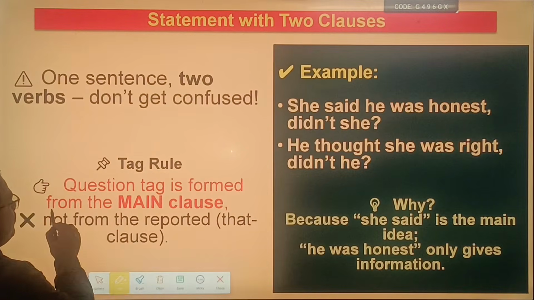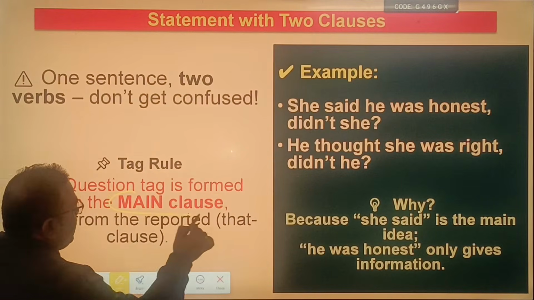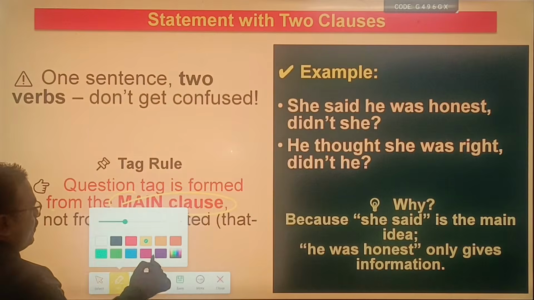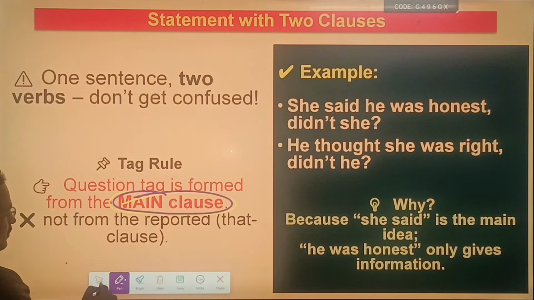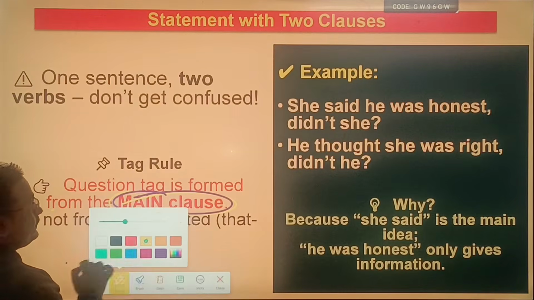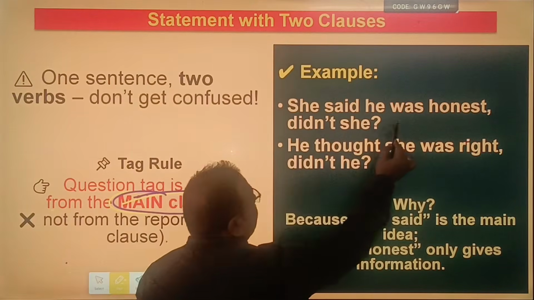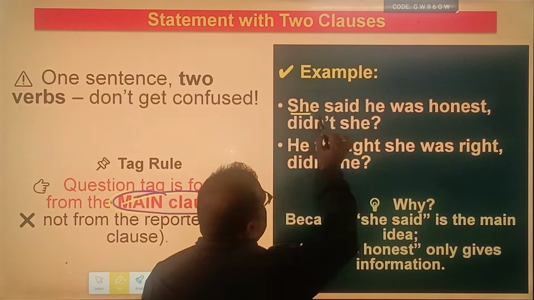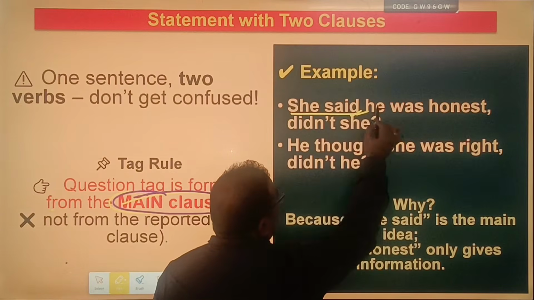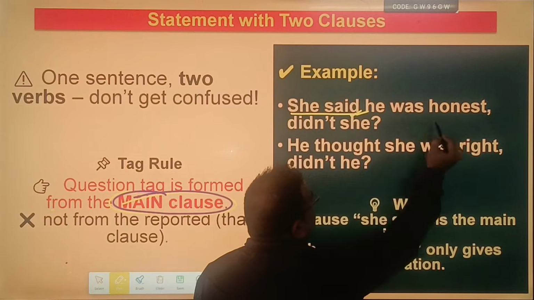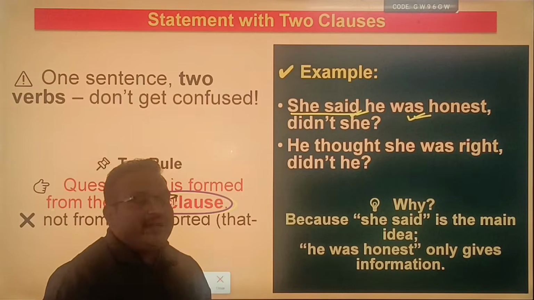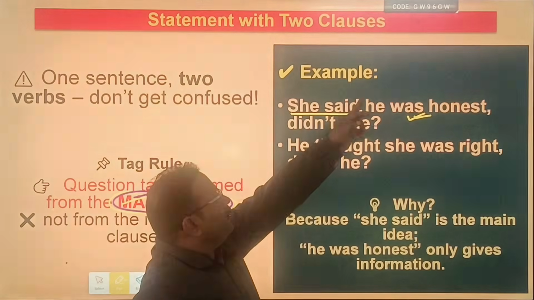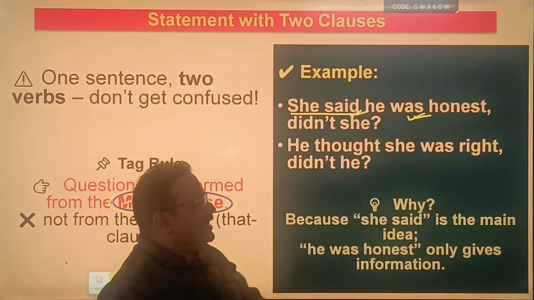Question tag is formed from the main clause. Main clause will form the question tag. Remember, example. She said he was honest. This is one verb, said, and the second one is was. Now, you may be confused about which verb we are going to use for the question tag.